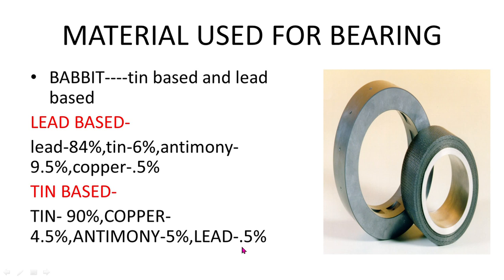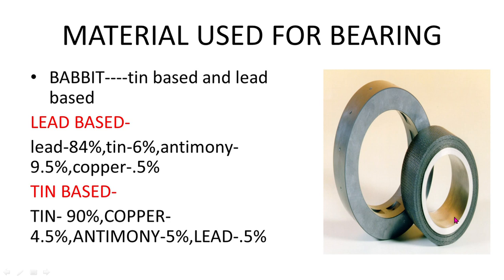It is used in the form of thin layers of 0.05 mm to 0.15 mm thickness on the inside surface of the bearing. So it is used in the form of thin layers that are bonded to the inside surface of the bearing.